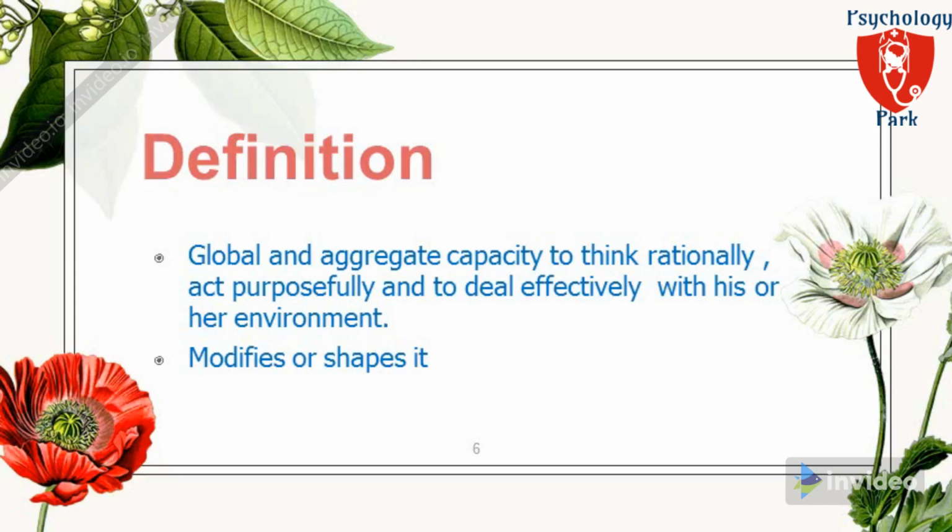That is, an intelligent person thinks rationally before taking a decision or saying something negative or inappropriate, acts purposefully, and deals effectively with his or her environment, including the people around him or her. Other psychologists such as Gardner and Sternberg have suggested that an intelligent individual not only adapts to the environment but also actively tries to modify or shape it.